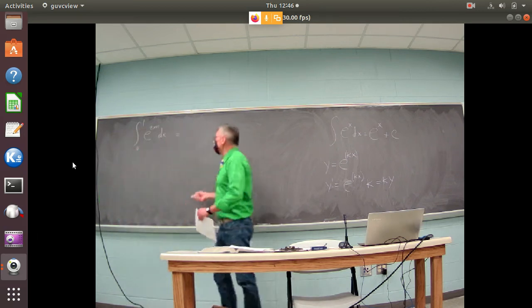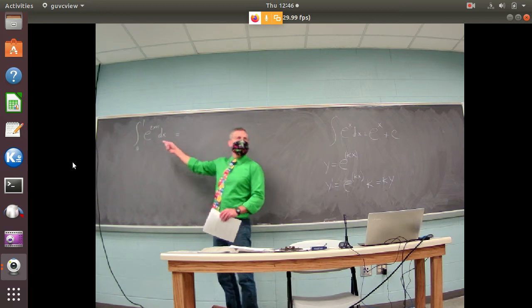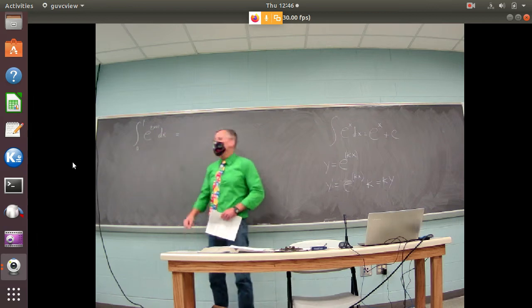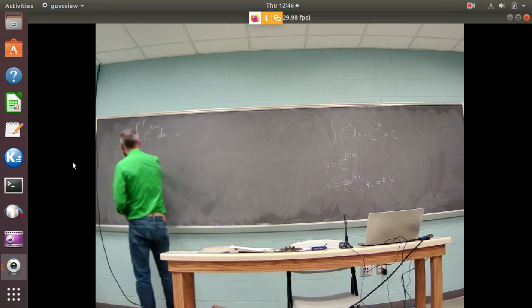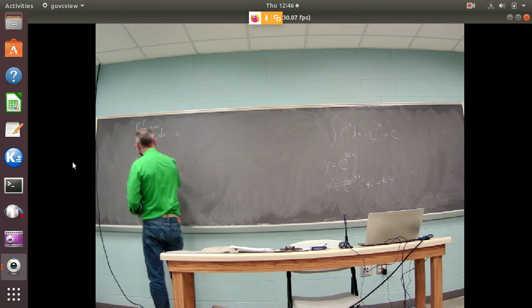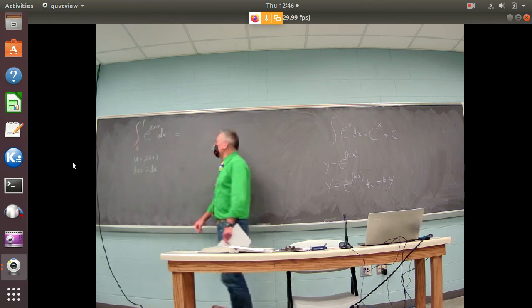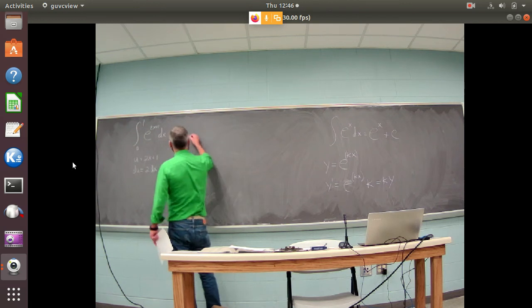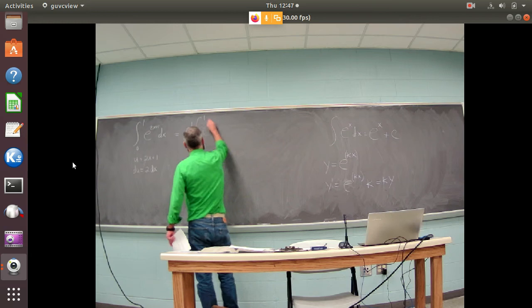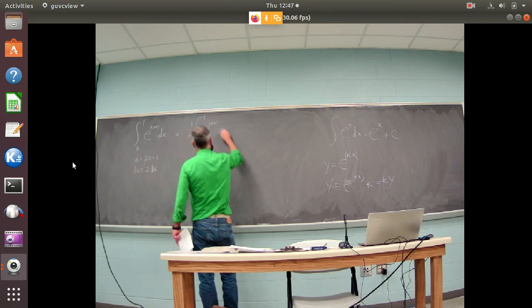Well, I see a chain rule opportunity here because I see e to something that's more complicated than x. So I'll try u equals 2x plus 1, in which case my differential du is 2 dx. So I'll put the 2 in there and take out a 1/2. So I'll have 1/2 the integral from 0 to 1 of e to the 2x plus 1 times 2 dx.